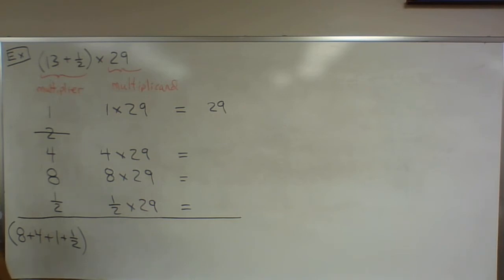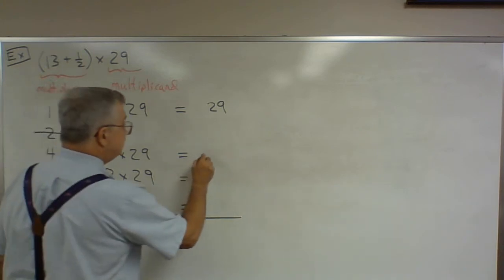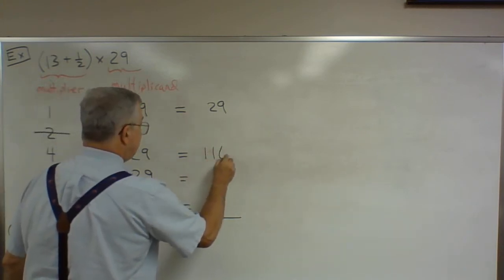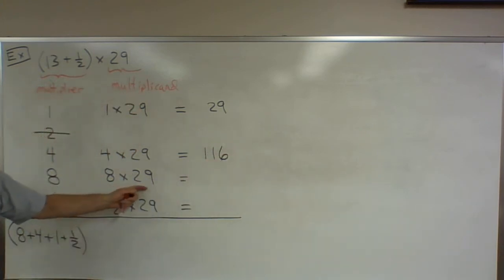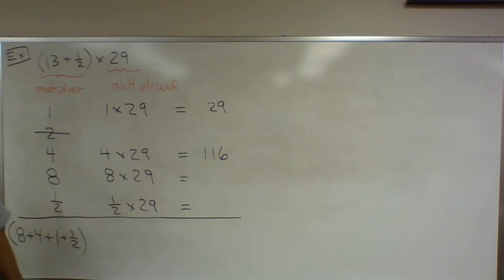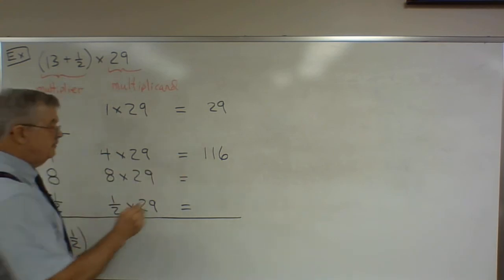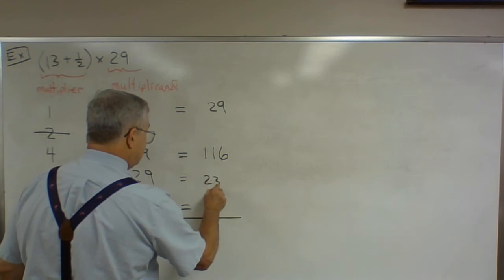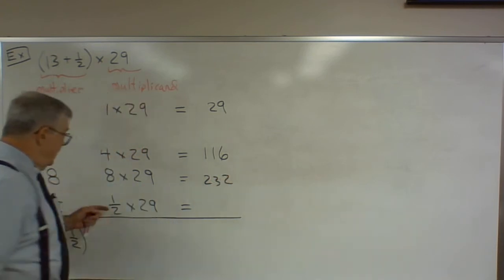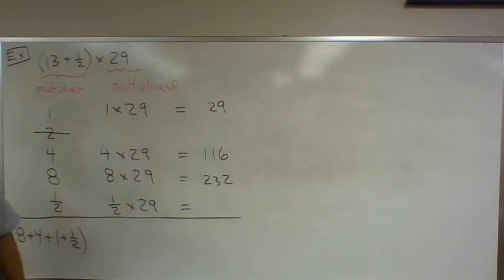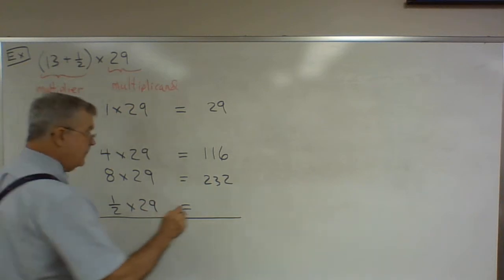So 4 times 29, 116 maybe. And 8 times 29 is double this, so that's 232. And 1/2 times 29, that's 29 over 2. And that turns out to be 14 plus 1/2.